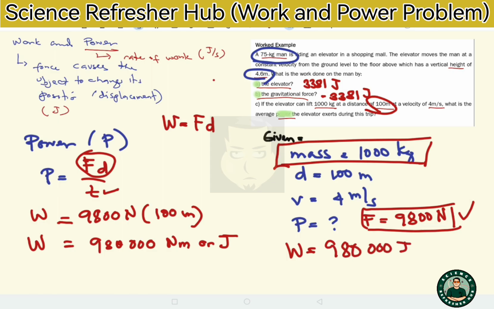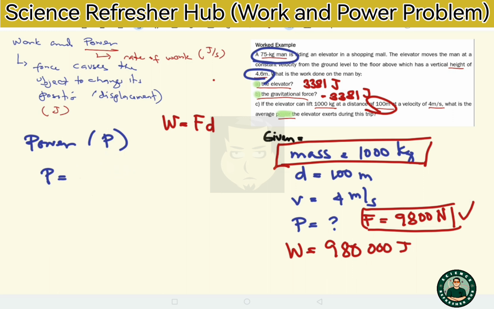But our next problem here, we already have the value of work, that's 980,000 Newton meter, or let's say joules, divided by the time. How are we going to calculate the time?